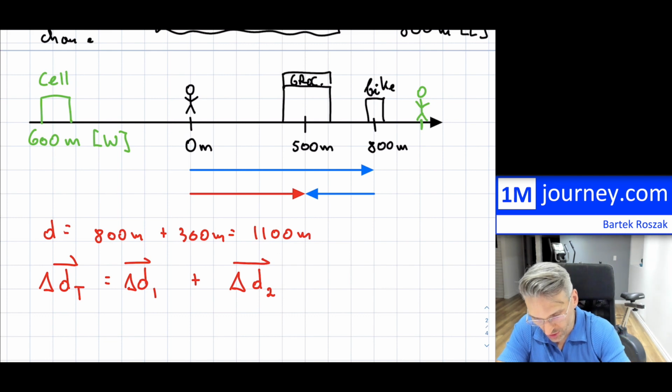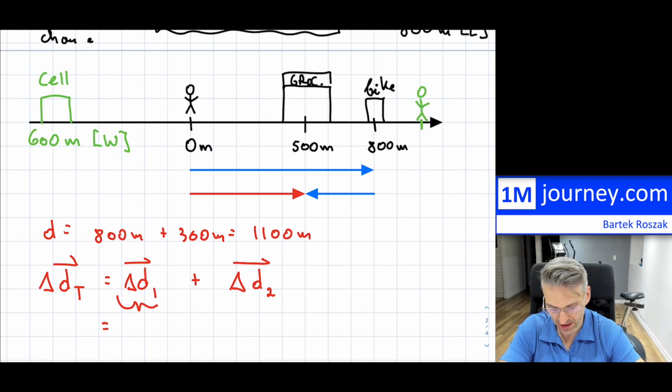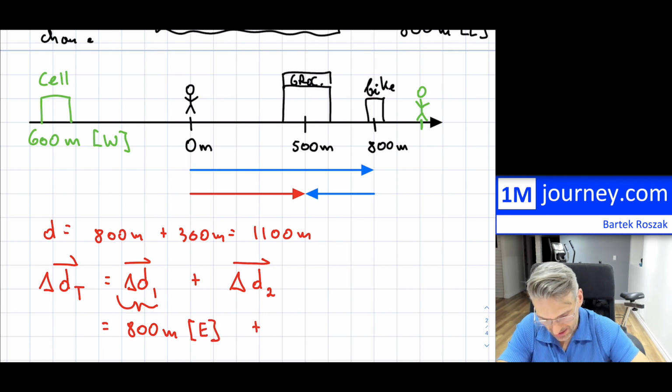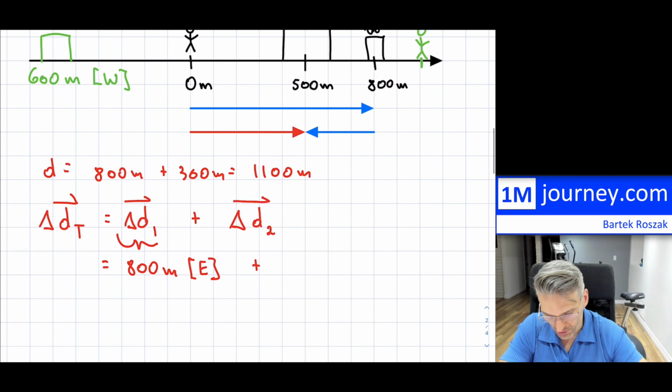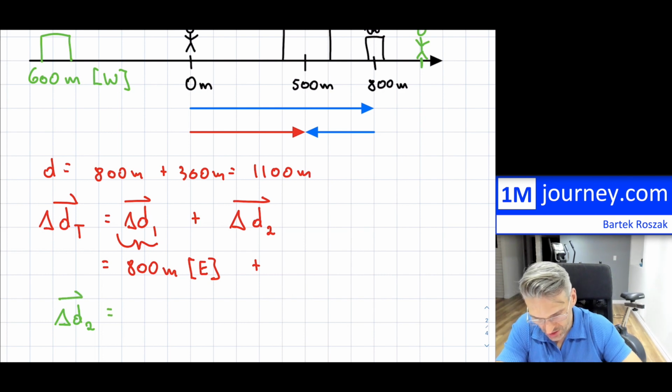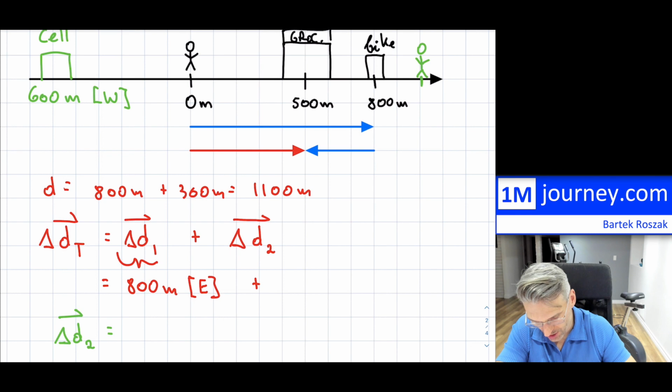So the result of these, as you were adding them through, that particular one was 800 meters east, plus now displacement number 2. Be very careful there, because for displacement number 2, you were starting at the bike shop and then you were ending at the grocery store right there.